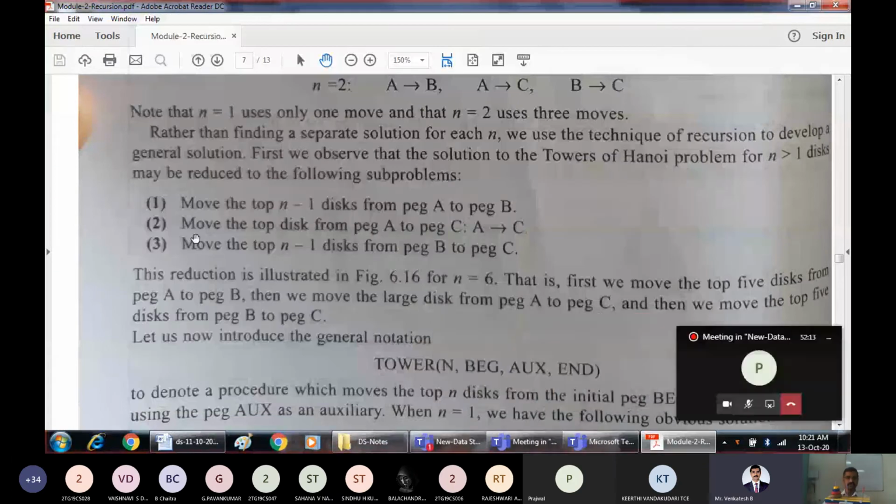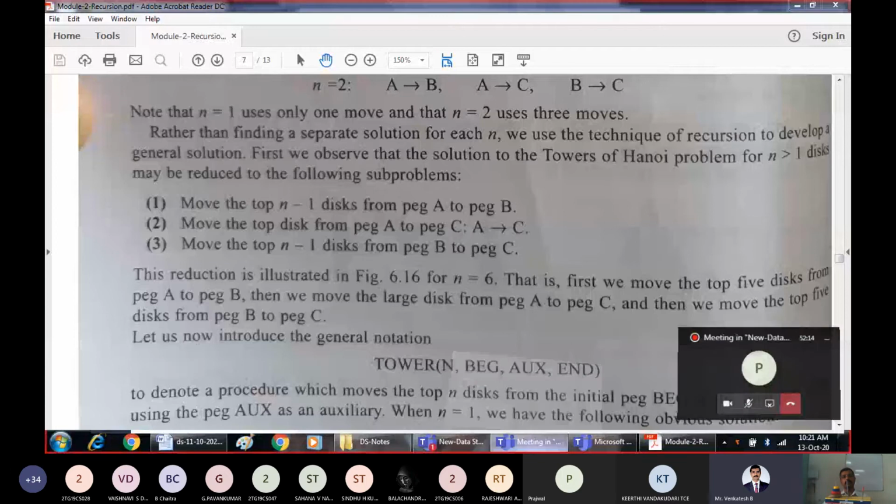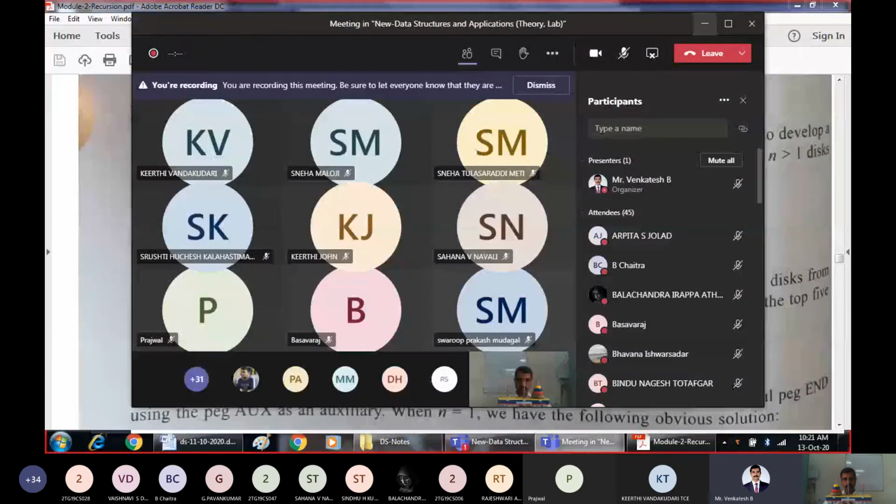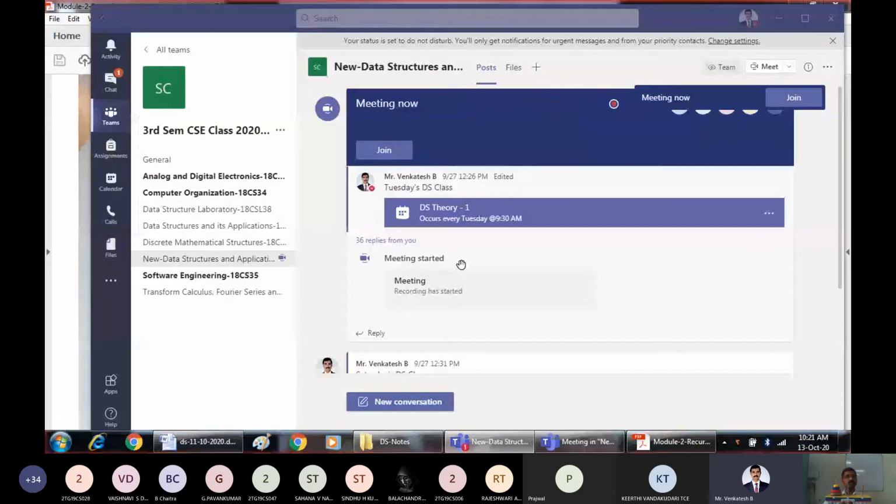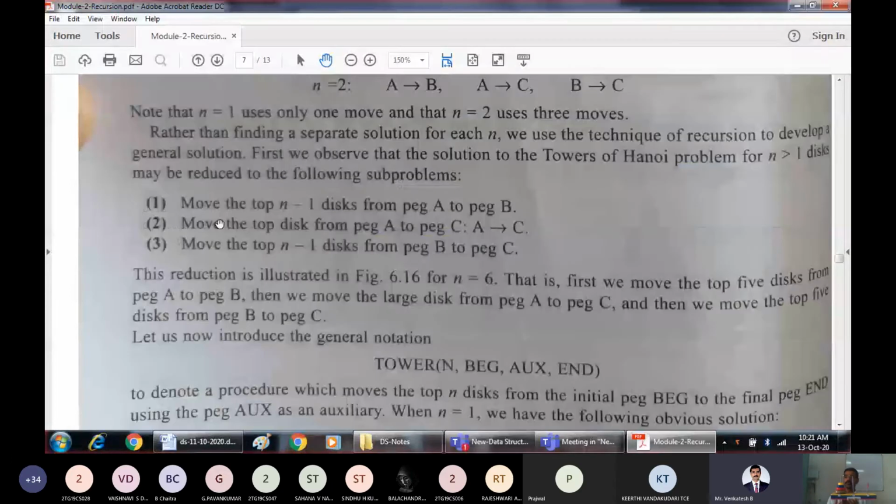When the number of disks is more, the recursive solution is: this is A, now this is the source. On this source we have 4 disks, 1, 2, 3, 4. Among these, move the top n-1 disks. N-1 means 3. Move the top n-1 disks from A to B.